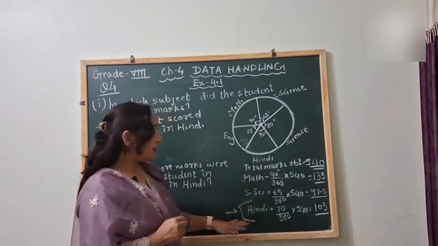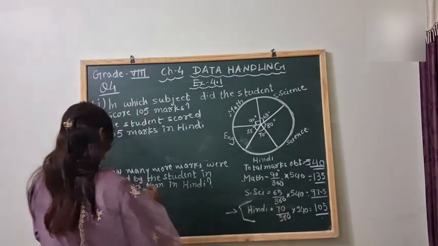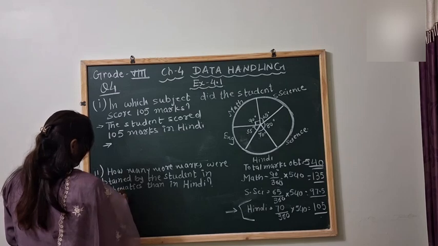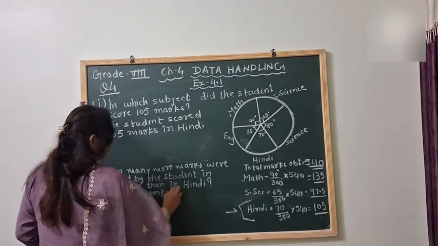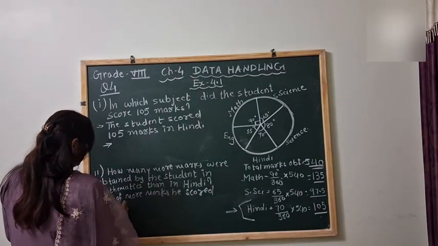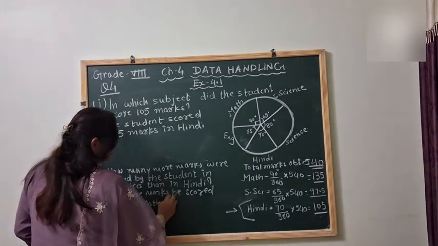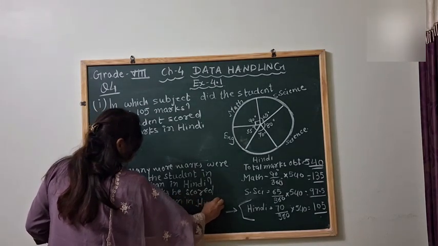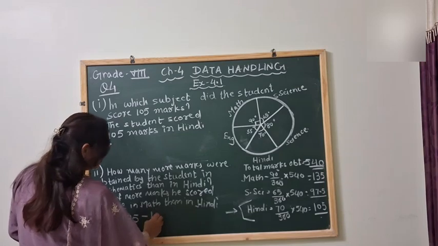So to find how many more marks he scored in maths, we have to subtract. Okay, so let us write the number of more marks he scored in mathematics than in Hindi is equal to 135 minus 105.